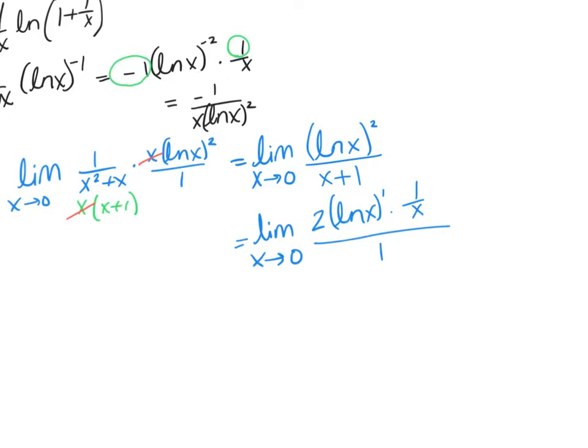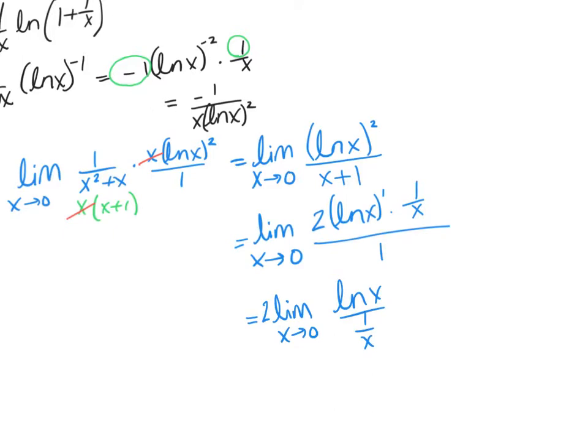And as you can see, I can't quite put in 0 yet. The limit as x approaches 0, I'm going to bring the 2 out front, natural log of x over 1 over x.